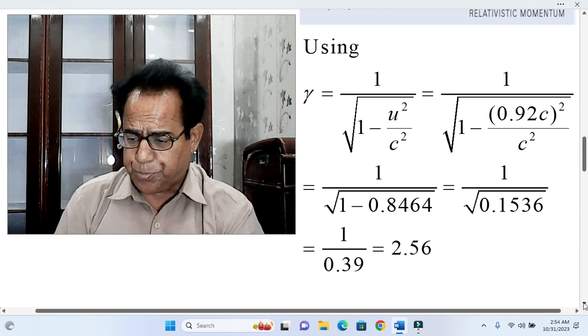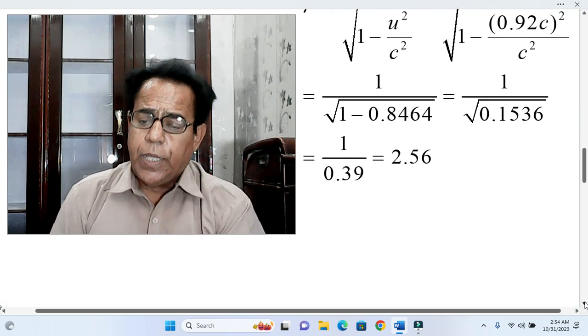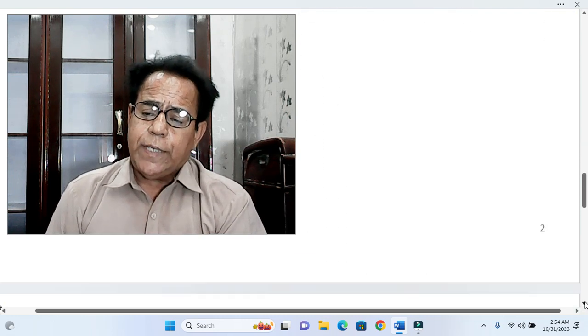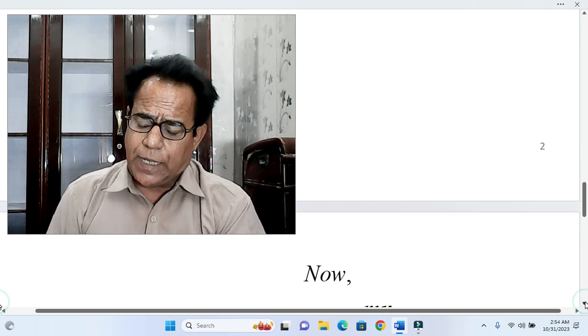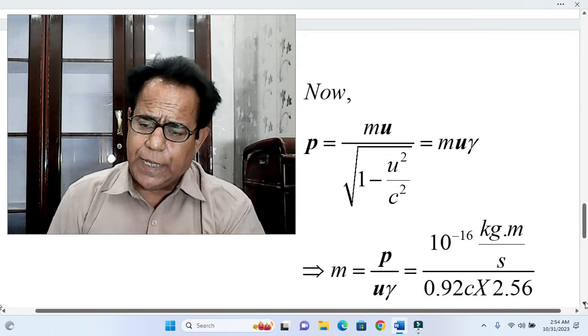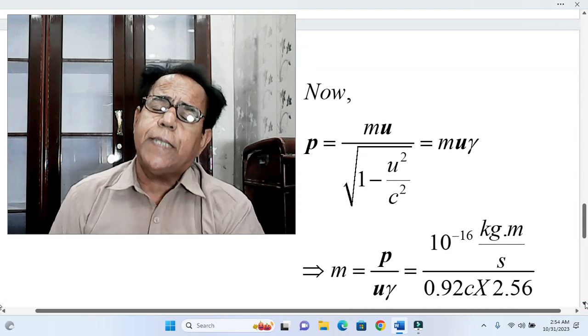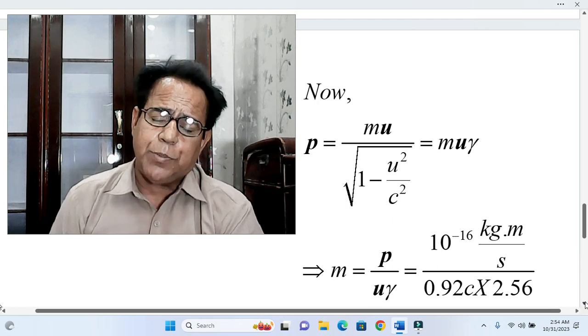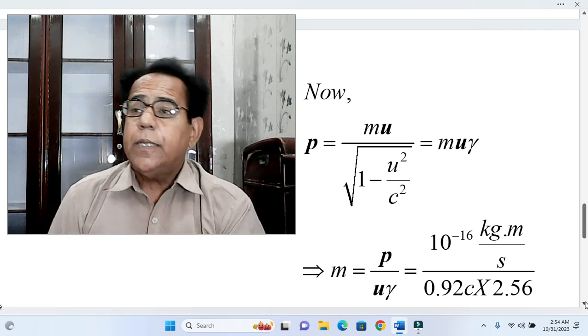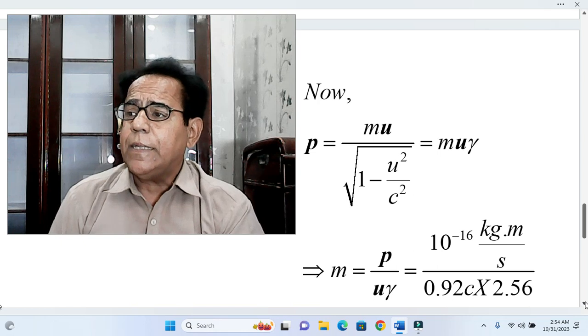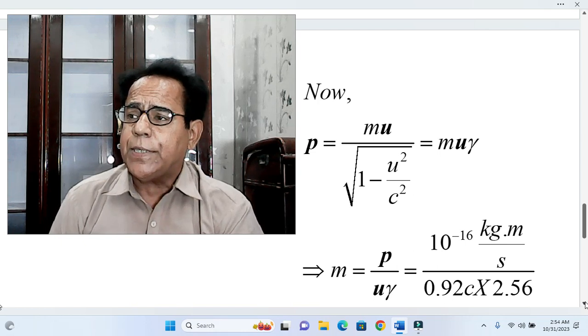Now, dear students, at the start of this problem we introduced two snapshots. One snapshot was regarding the Lorentz factor, and the other was about calculation of relativistic momentum.